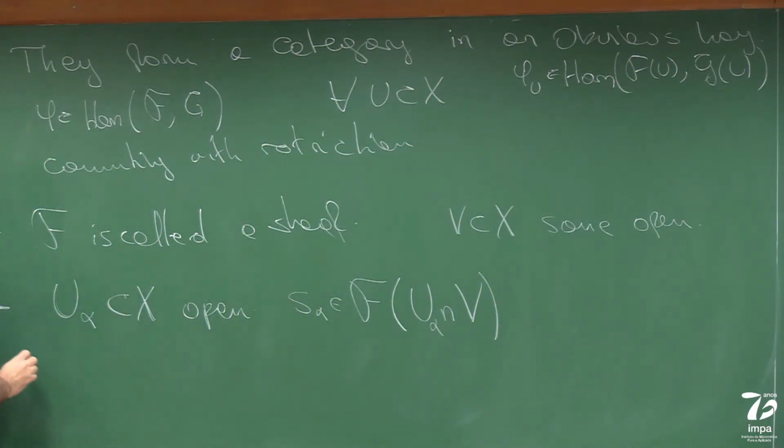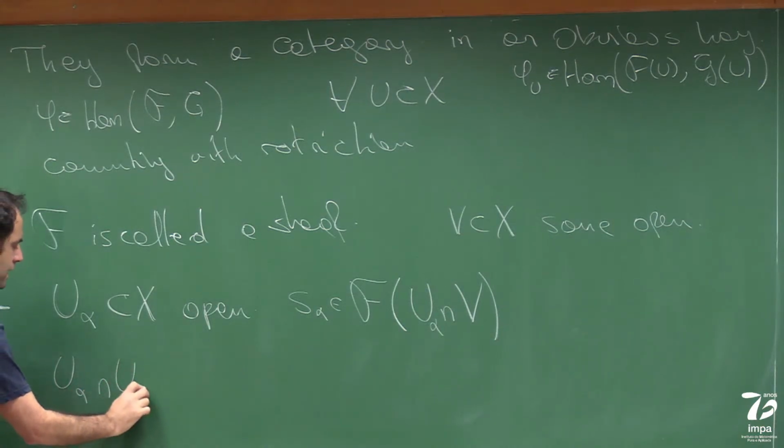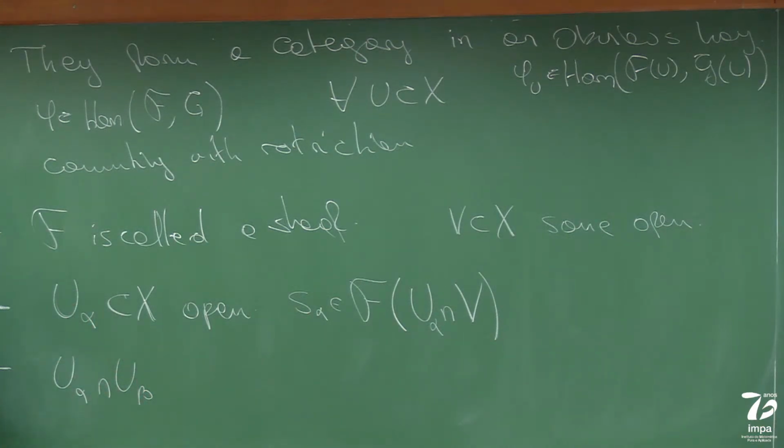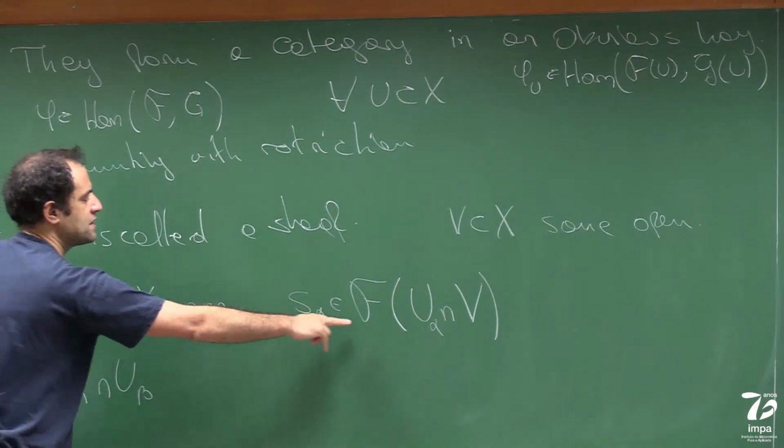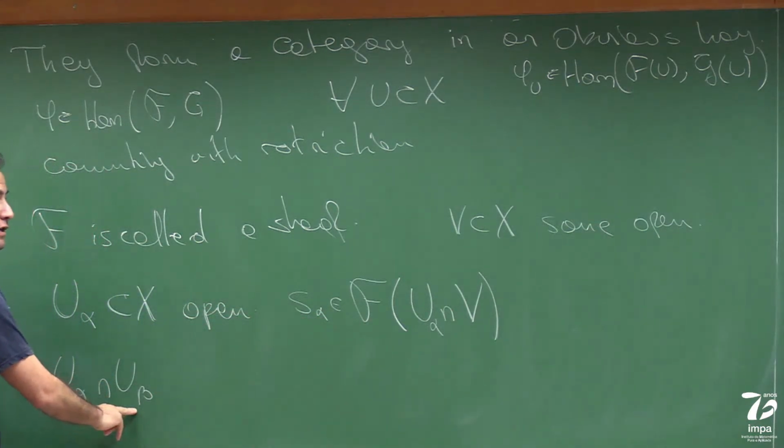Such that for every intersection of two of these, U alpha and U beta, you can look at S alpha restricted to this intersection.